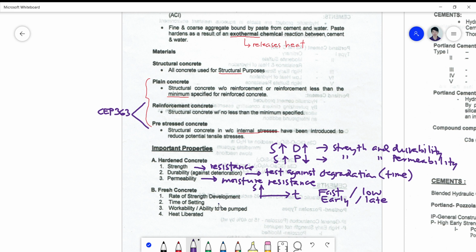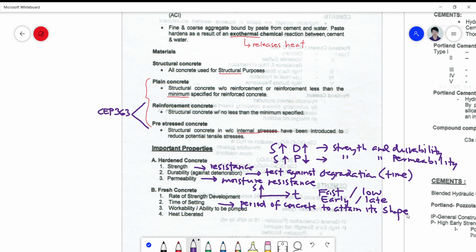So for the time of setting, this involves the period in which your concrete attains its shape. When the concrete has attained its shape, its form, then your concrete is said to have attained its time of setting.